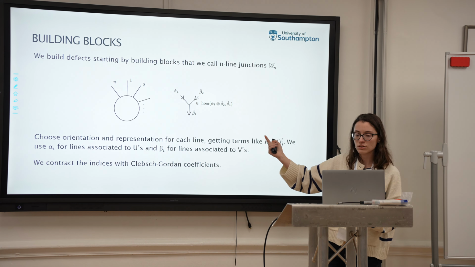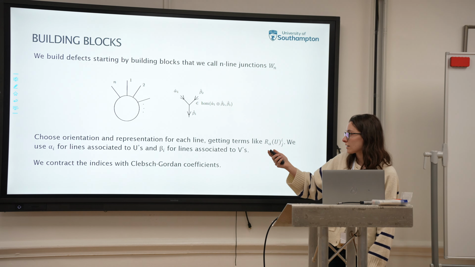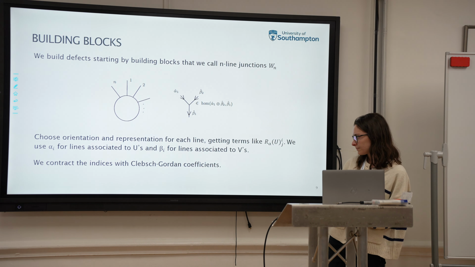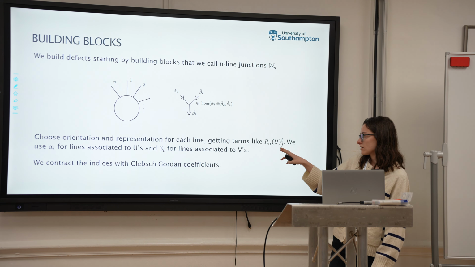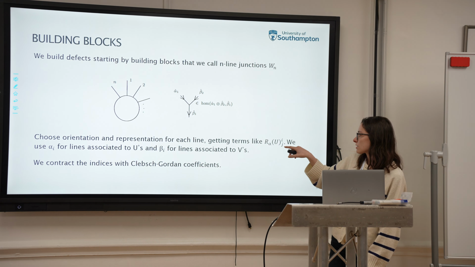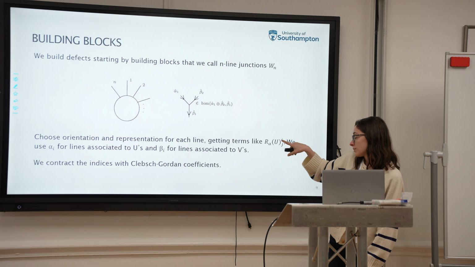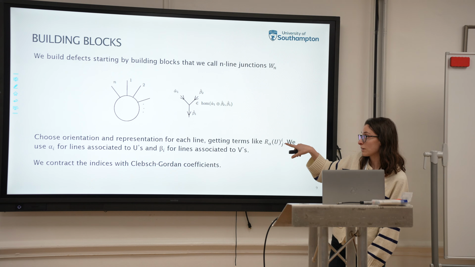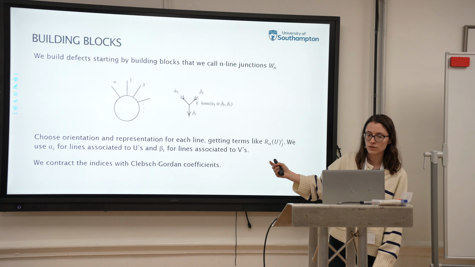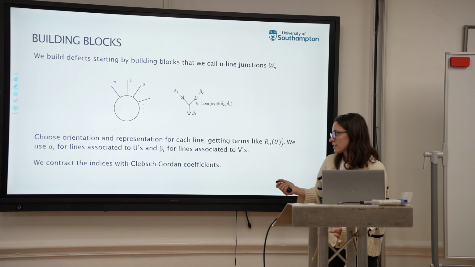Choose a consistent orientation for all of these lines and assign representations. Once we do this, we will get terms like this. This just represents the matrix element ij of the group element u in the representation alpha. So these are just matrices.